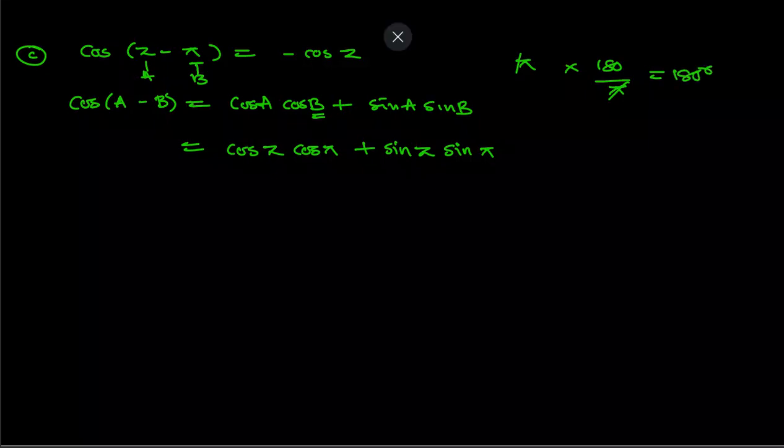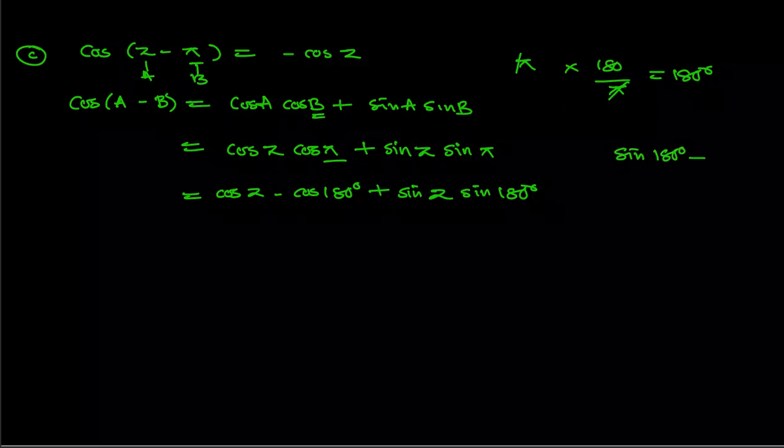So we can write this as cos z multiplied by cos 180, because pi is the same as 180, then sine z, then sine 180. But what I want you to appreciate is that sine 180, or sine pi, is just 0. It's the only thing you have to know.